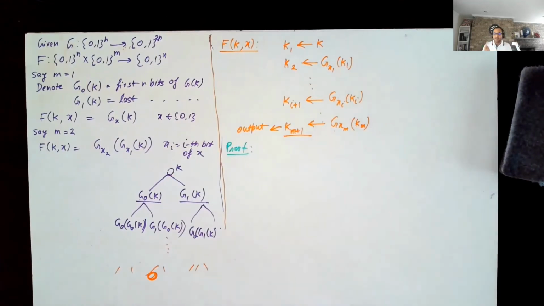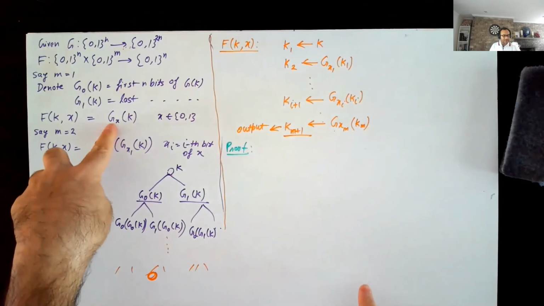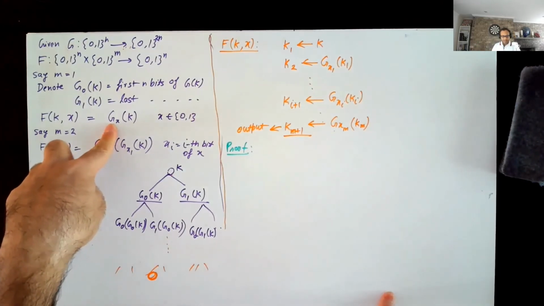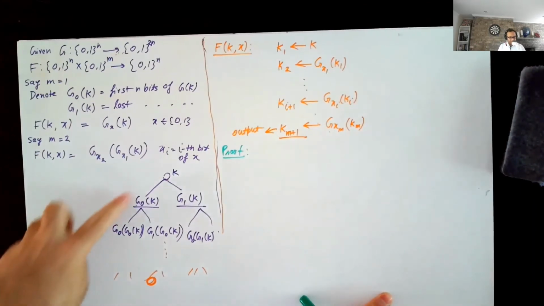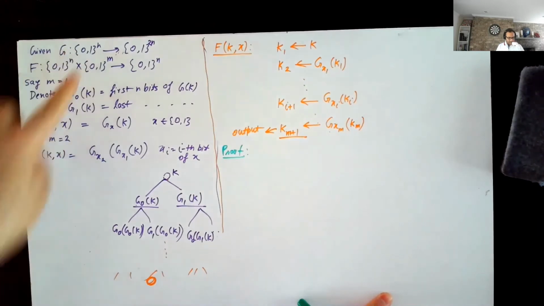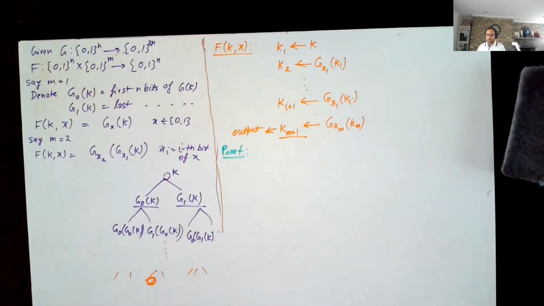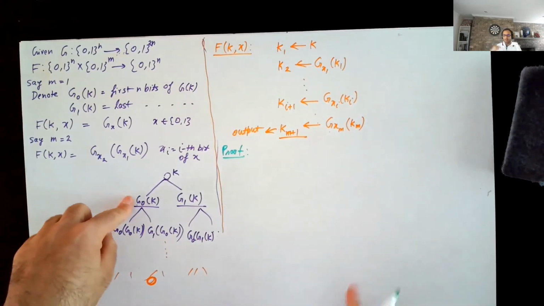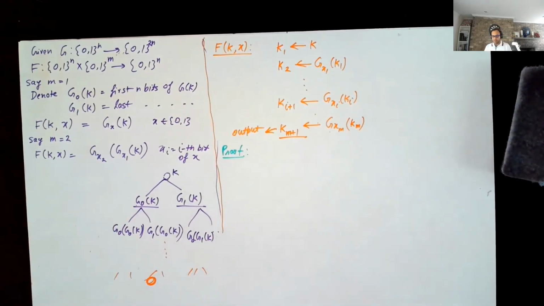Each leaf is not generated using a single invocation of the pseudo-random function g. Each leaf essentially involves m invocations of the pseudo-random function. So we don't want to replace all of them by uniform in one go. We want to take one g at a time, and we want to replace it by uniform.